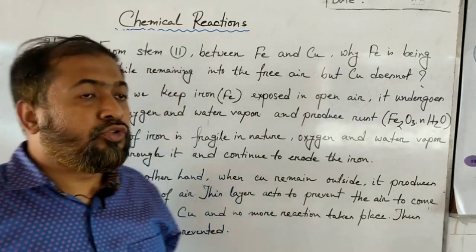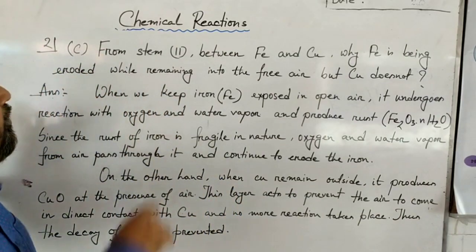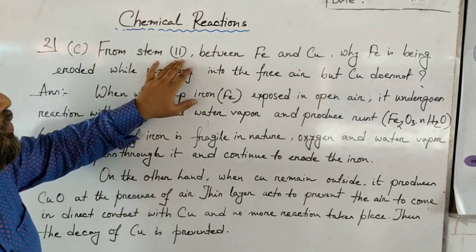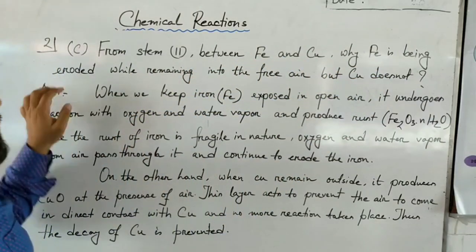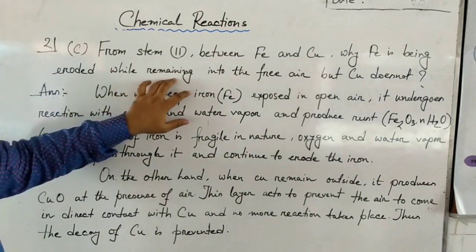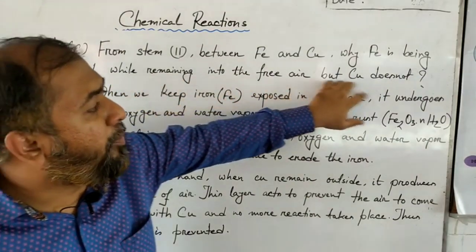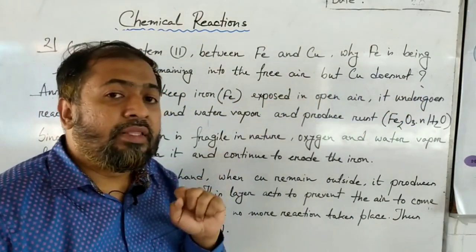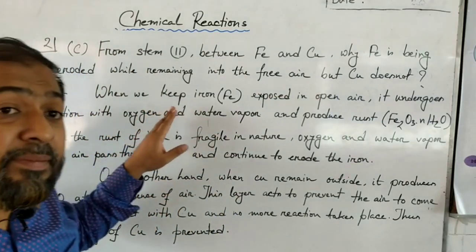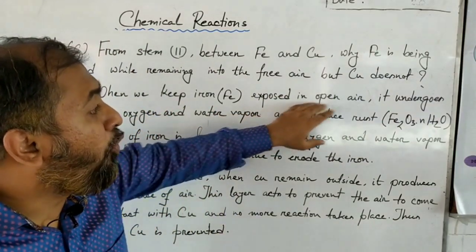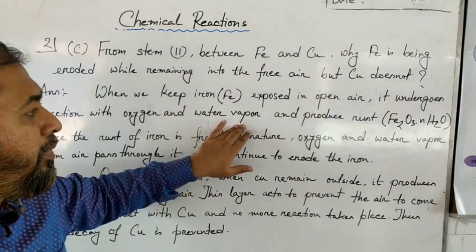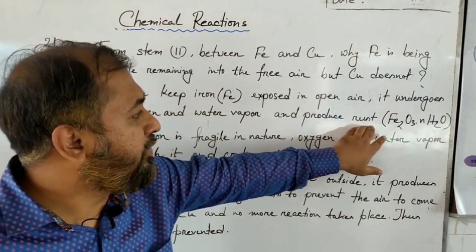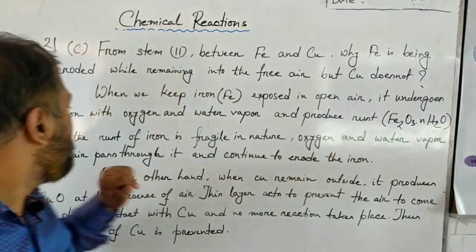Now, question 2C. From the STEM 2, between iron and copper, why is iron eroded while remaining in free air but copper does not? Now, the answer is, when we keep iron exposed in open air, it undergoes reaction with oxygen and water vapor and produces rust. You can see the formula of rust.